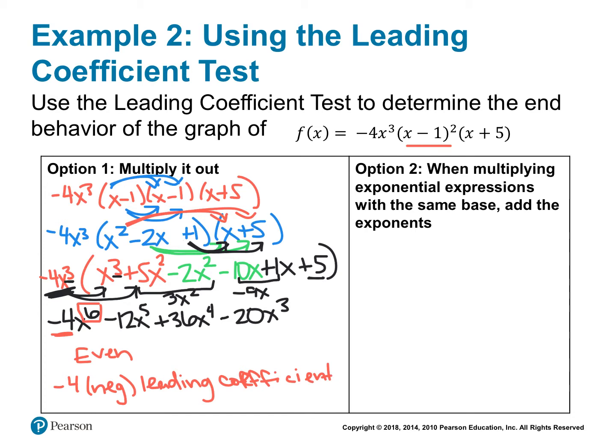Okay, so if you remember the even graphs, they're going to either rise on both ends or fall on both ends. Since it's negative, we're going to fall on both ends of the graph.